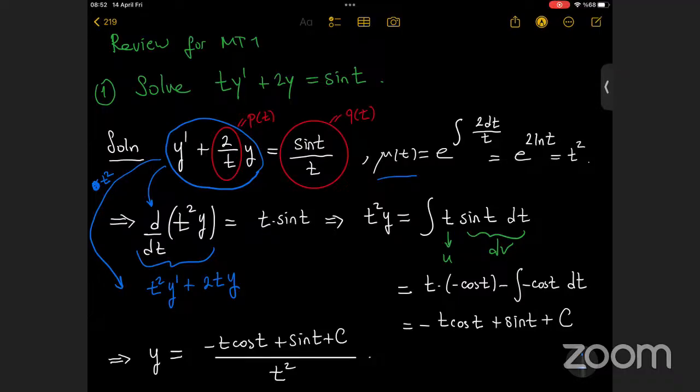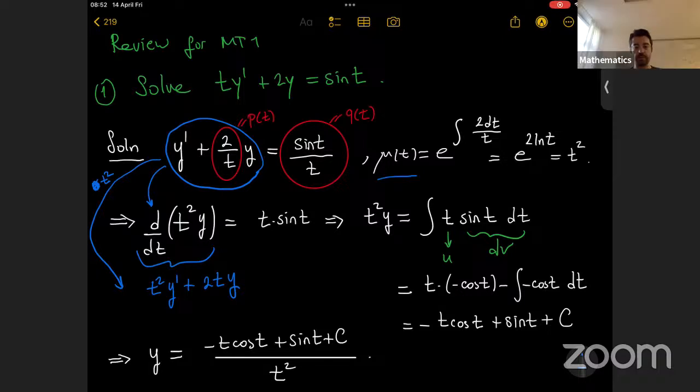Okay. Any other question? We do this automatically because it's always the same. So when you have the integrating factor, you always have integrating factor times y, the derivative of this thing, mu of t times y, is equal to the right hand side times mu of t.